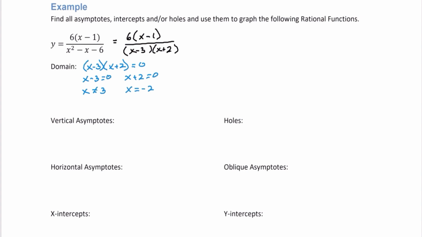And we'll actually say not equal to because those are the domain restrictions. Writing this out in interval notation, we would get negative infinity to negative 2, union negative 2 to 3, and then union 3 to infinity.